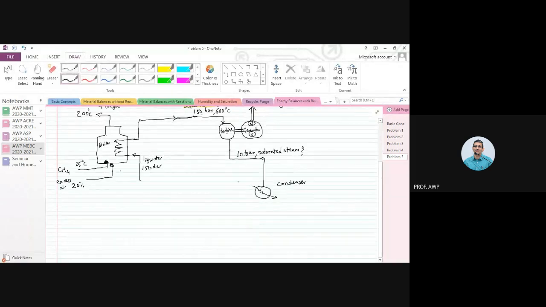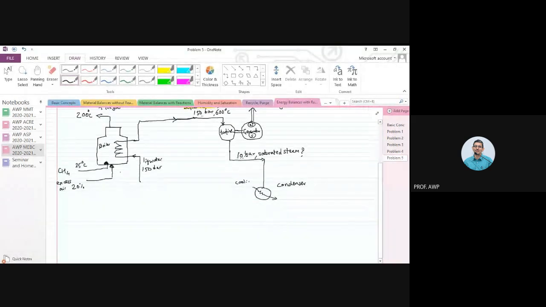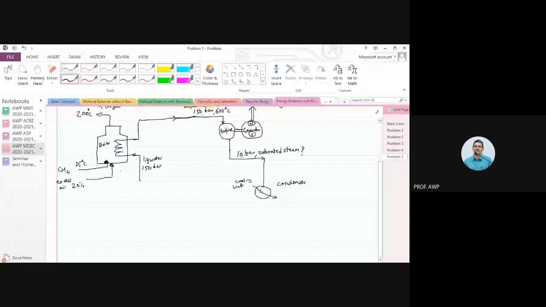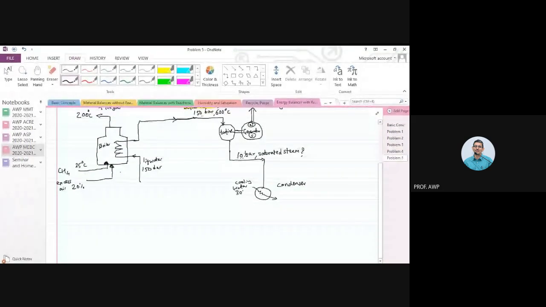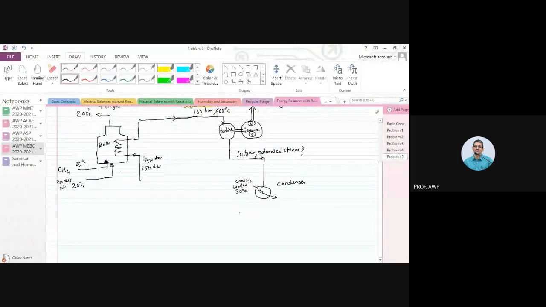So we supply cooling water, which is at 30 degrees centigrade, in a shell and tube exchanger. So let's say the cooling water flows on the tube side and this 10 bar saturated steam flows on the shell side, and the water picks up the heat from this saturated steam.